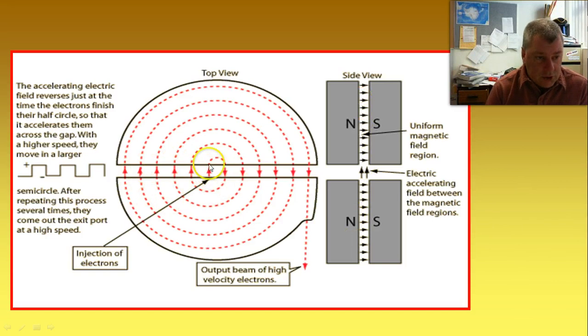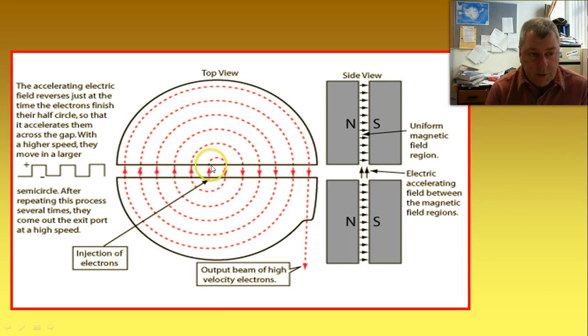And what happens is you introduce the particle here, and this is the region where there's a pulsating electric field. And so this particle is, let's say it's an electron, as it says down here.